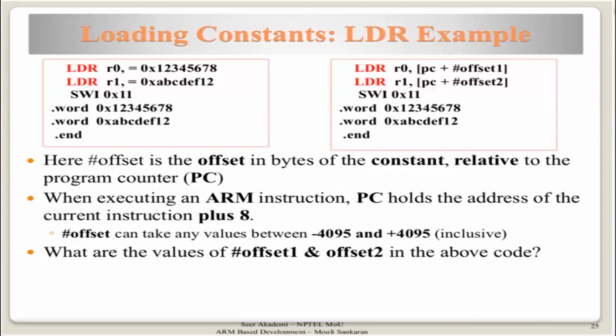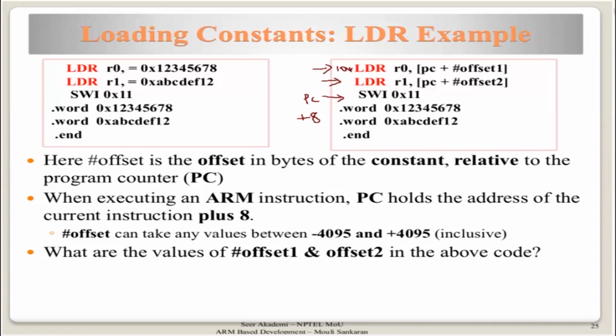Welcome back. If you have thought it over and if you remember the pipeline, when you are executing this instruction, the PC would have already accessed this instruction, and then this one also. So wherever this instruction is, plus 8 will be the PC value.